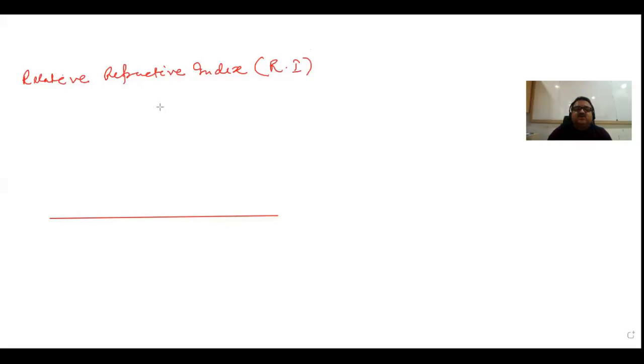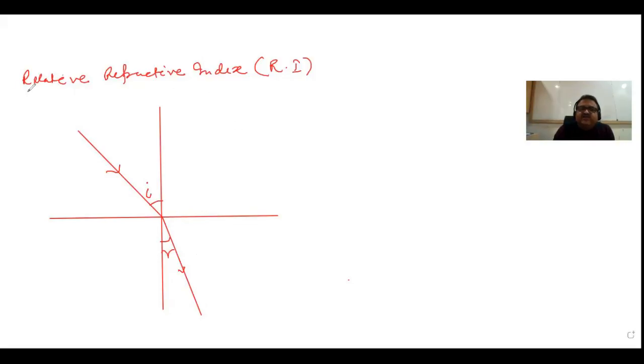For example, this is the normal, and this is the ray which is falling on the interface. Correct? And let us write this, and suppose this. Okay. Now, this suppose I, this suppose R. Angle of incidence, angle of refraction, I will tell you later on. So let me tell you something.